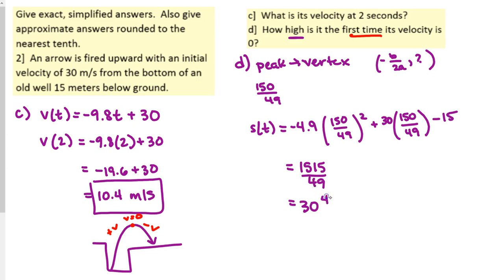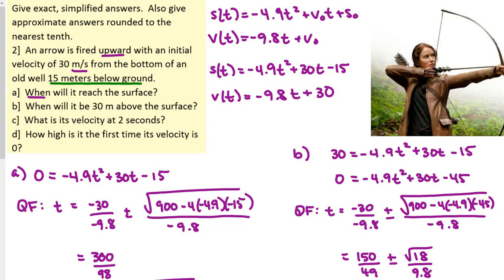Okay, so I'm thinking we have 30 and 45 49ths as the height, so that would be meters, and the approximate value of that is 30.9 meters. That's the highest point. Ooh, so when we were asked earlier in part B, when will it be 30 meters above the surface, we were very close to that actual highest point, weren't we?